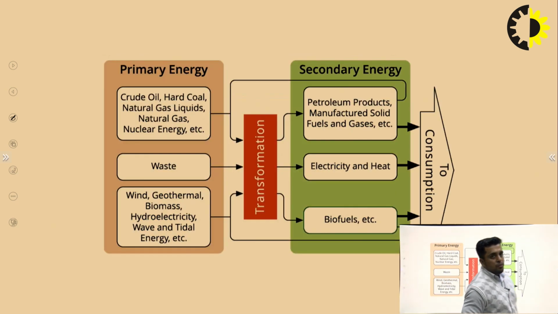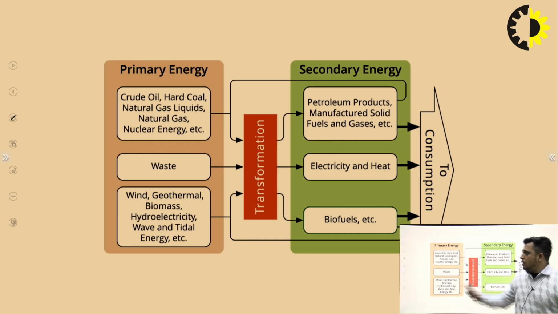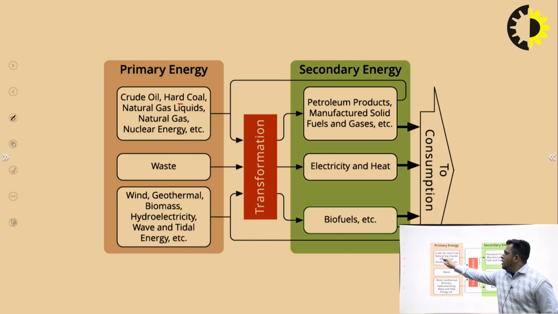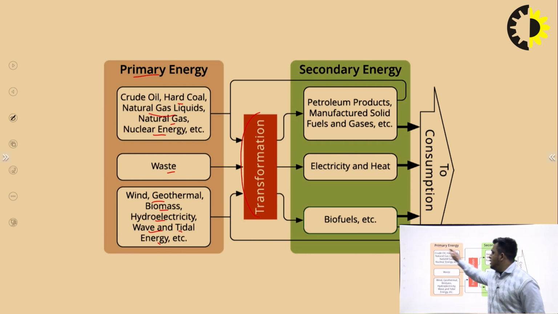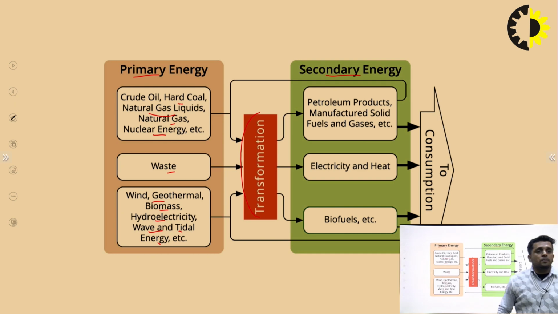Now if we see this curve or diagram, what are the primary energy sources which have been shown here? There are different primary energy sources like crude oil, hard coal, natural gas liquid, natural gas, nuclear energy, waste, wind, geothermal, biomass, hydroelectricity, wave, tidal energy, etc. Now this has been converted, and after transformation this primary energy changes to secondary energy.